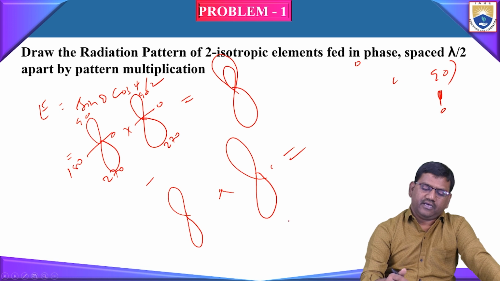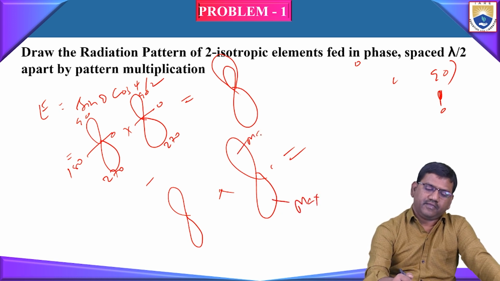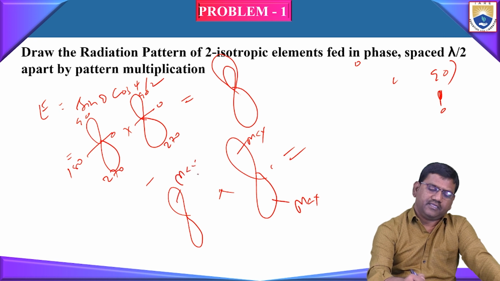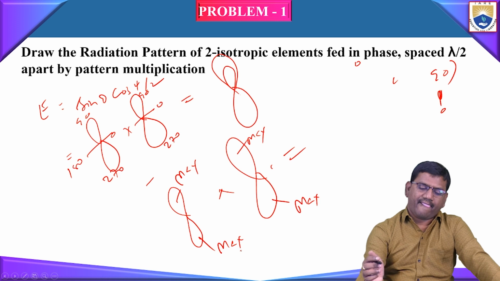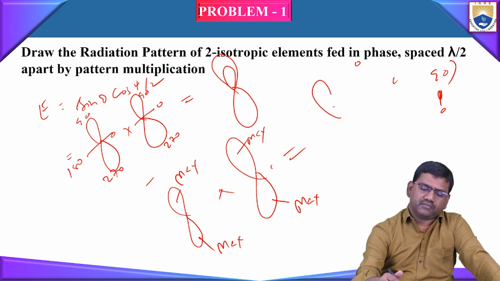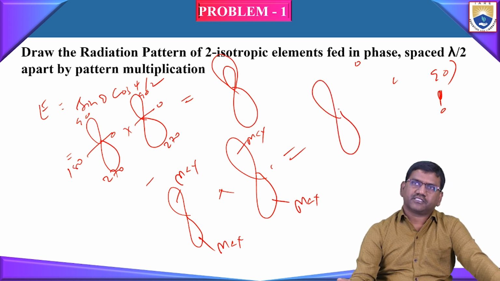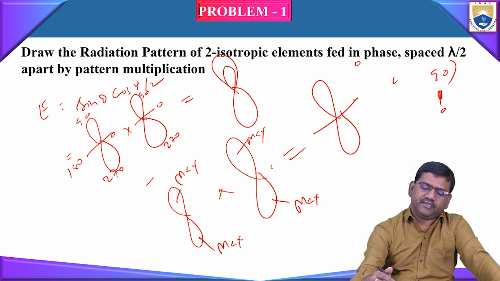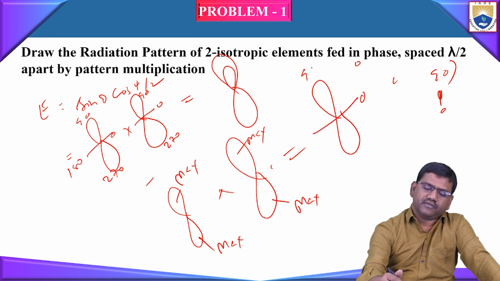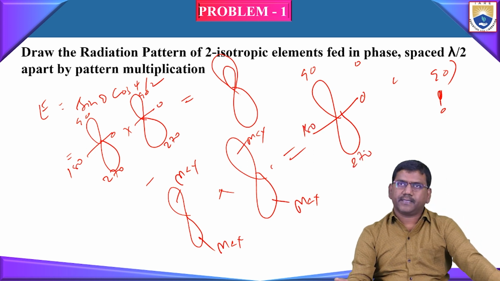So this is maxima, this is maxima here, and here there is a maxima. So maxima into maxima is equal to maxima square. So you will get the radiation pattern as the same thing. That is 0, this is 90, this is 180, and this is 270.